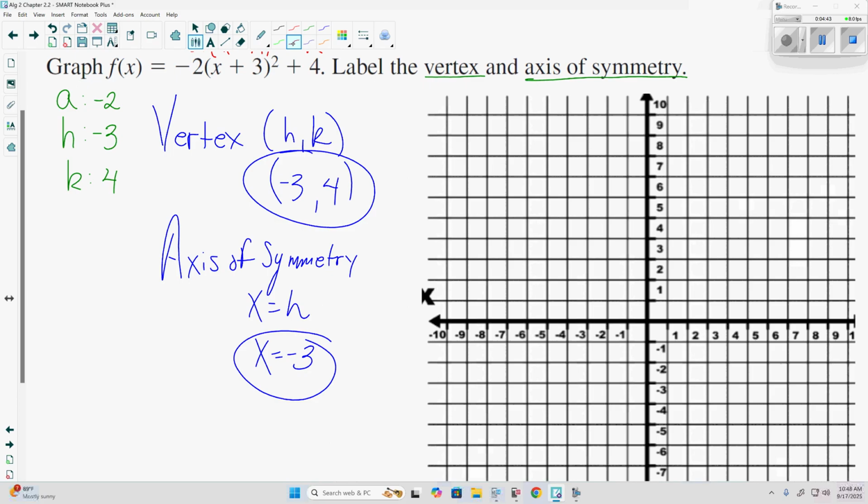Now, if we wanted to graph this, we would first plot the vertex, or -3, 4. We would plot that point.